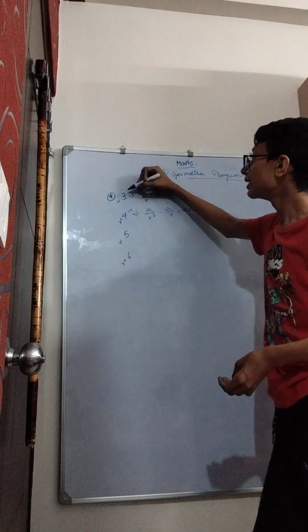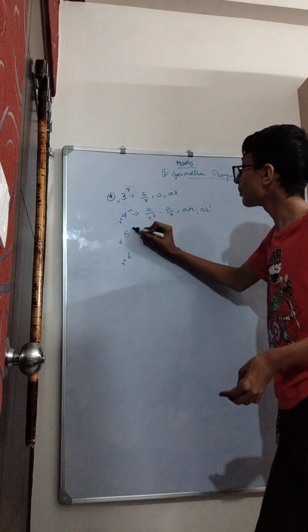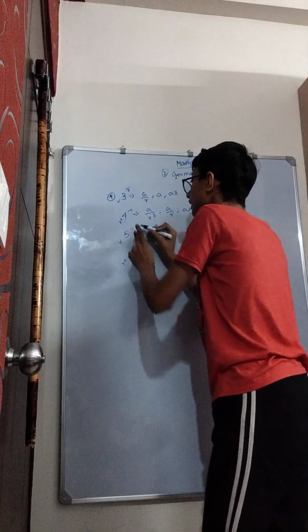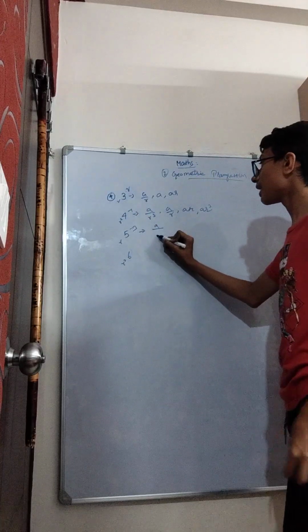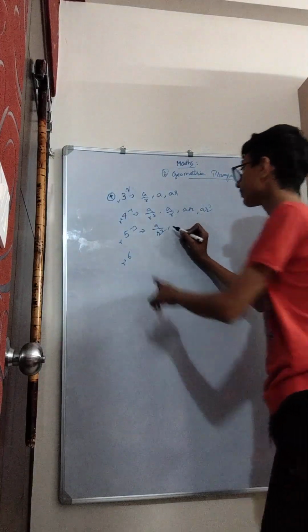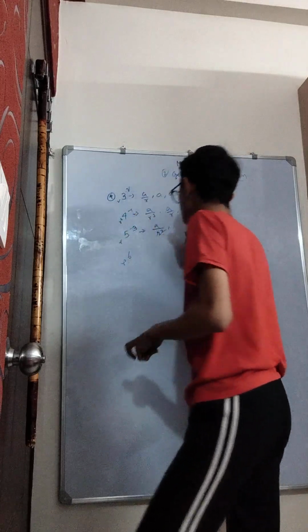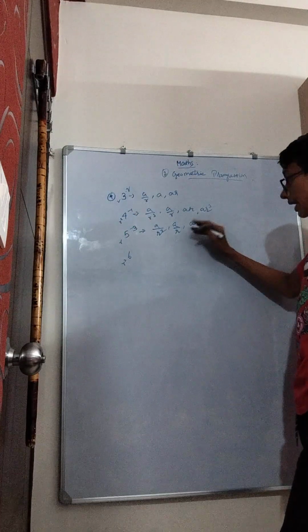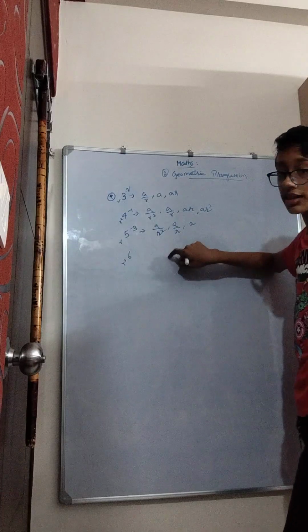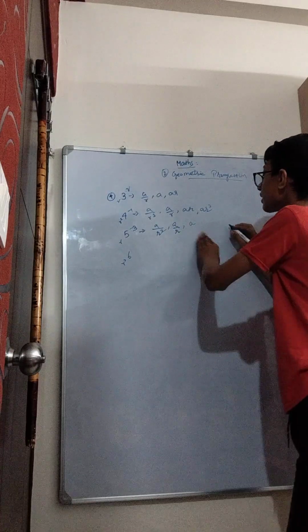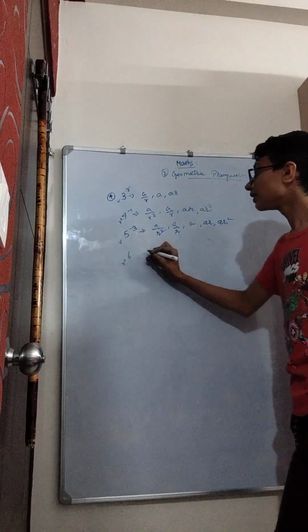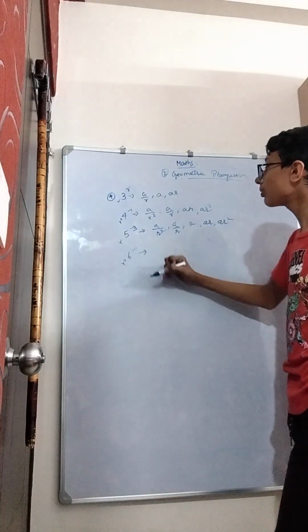Then for 5 terms: A by R square, comma A by R, comma A, comma AR, and AR square. Next one is also 6 terms.